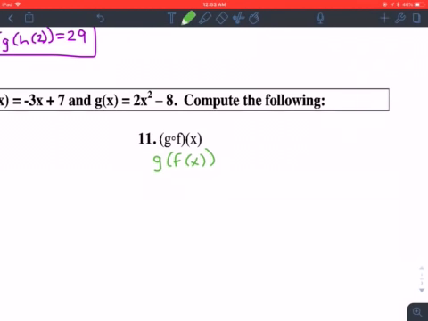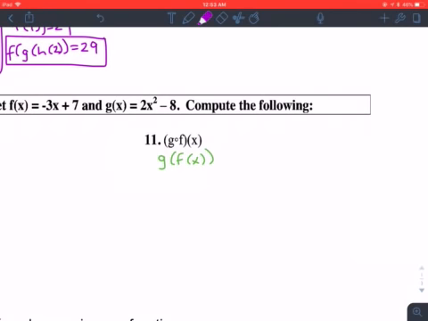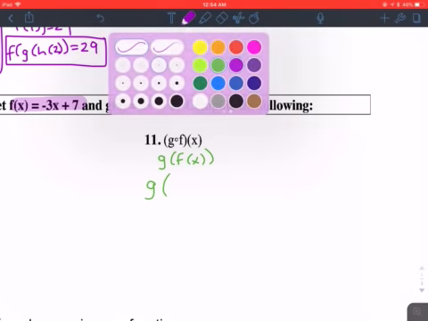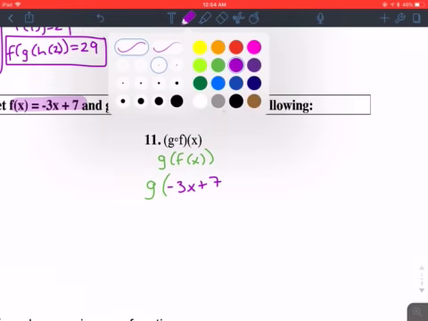And now you just notice we don't have numbers, but it's still the same idea. So I'm first going to take f of x and plug it in to g of x. So f of x is negative 3x plus 7. So I'm finding g of negative 3x plus 7.